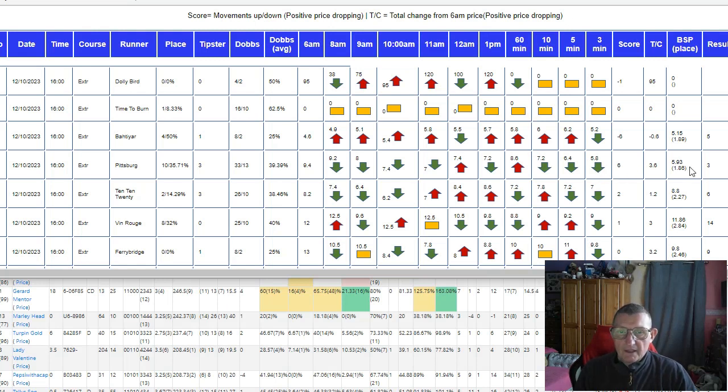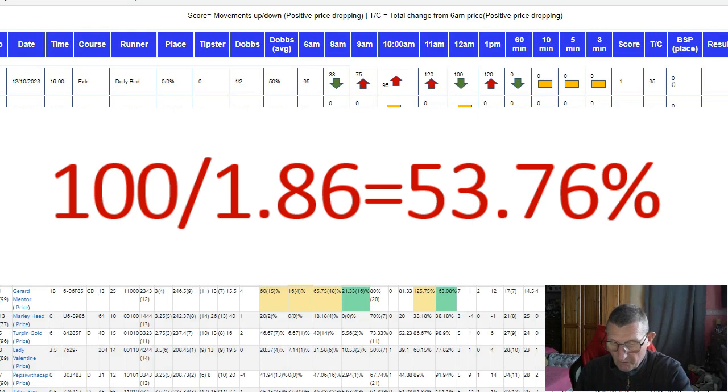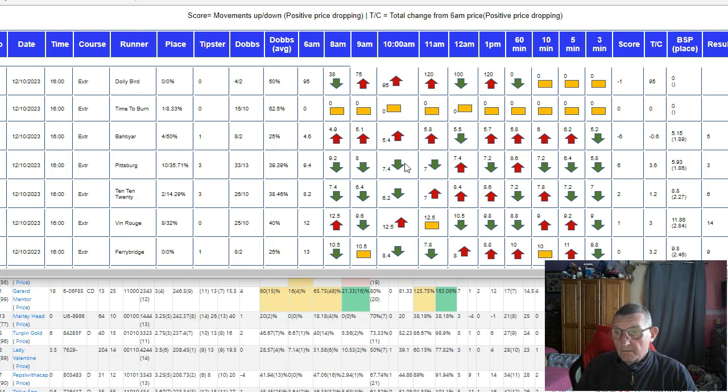At 1.86, obviously there's no value, but they did think there's a good chance. If we take 100 and divide it by 1.86, we get 53%, a 53% chance, which is a lot lower than it is, but that's basically it.